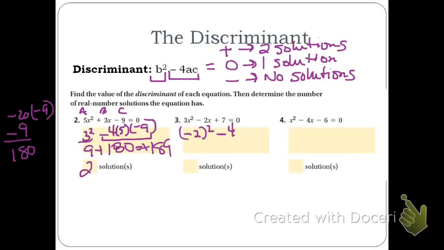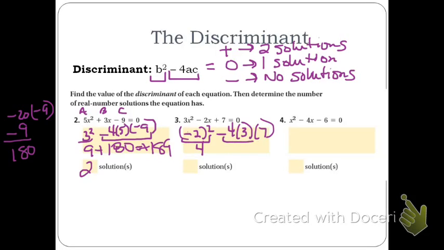Minus 4 times a, which is 3, times c, which is 7. Once again, I need to follow the order of operations, so do my exponents first. Negative 2 to the second power. It would not matter if that was a negative or a positive inside parentheses. Whenever you take a number to an even power, in this case the 2, you should always get a positive answer. So negative 2 to the second power is positive 4.